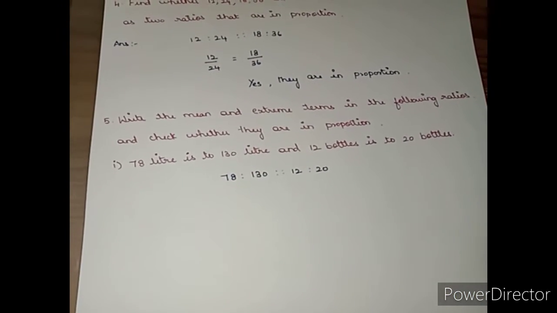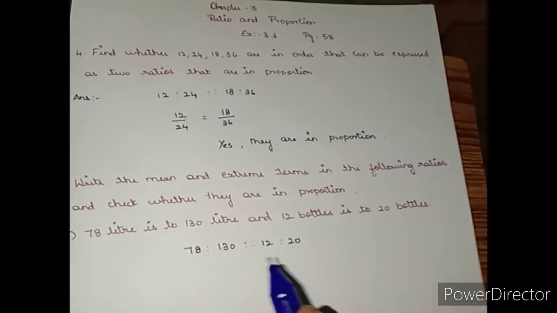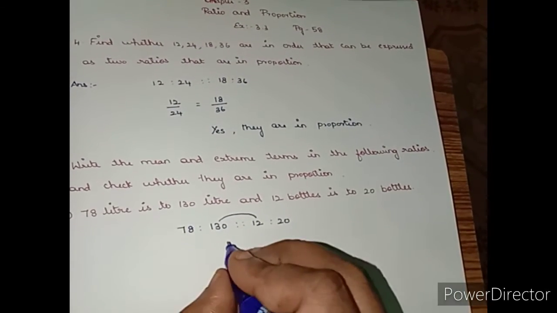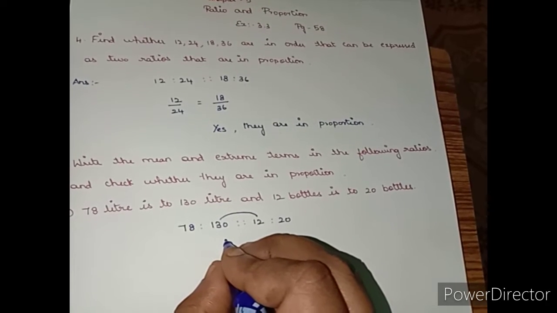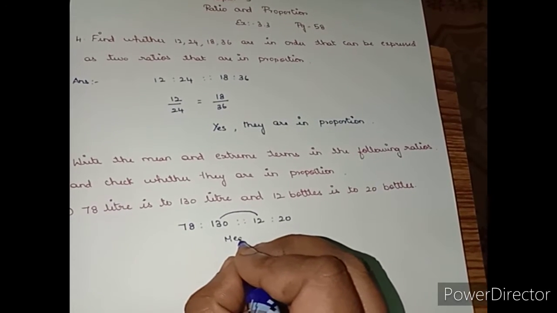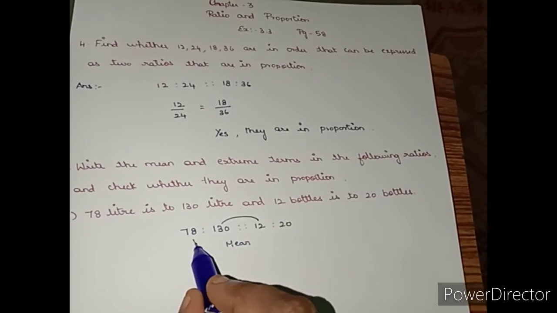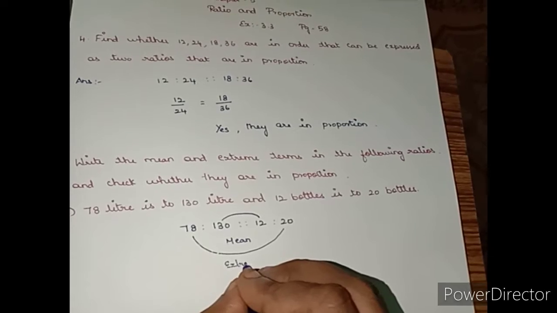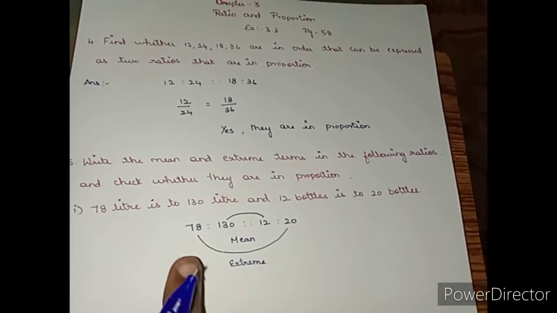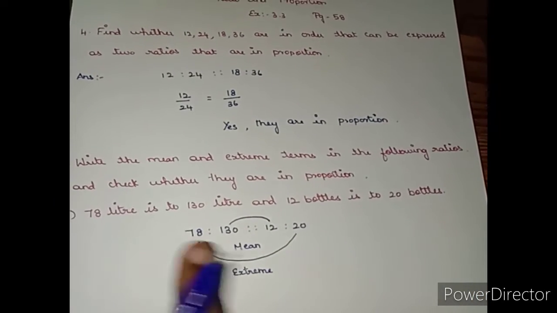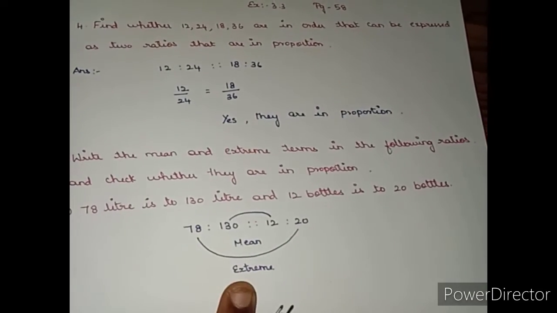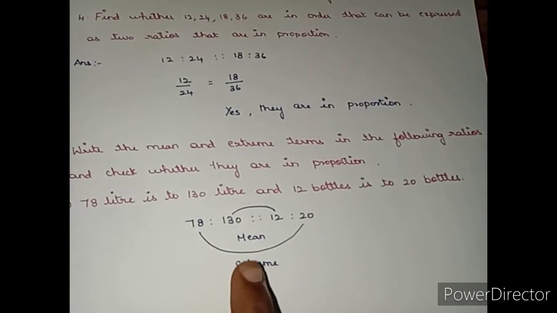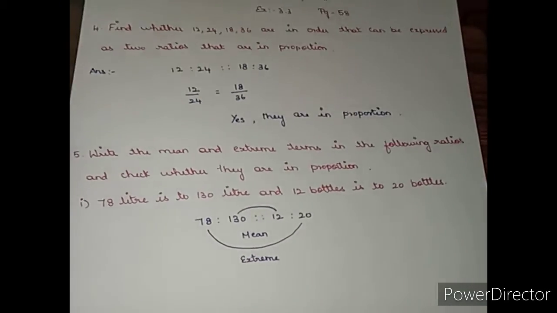Now, as I told you, this will be your mean and this will be your extreme. Which means the corners will be called extreme and the middle ones will be called mean.